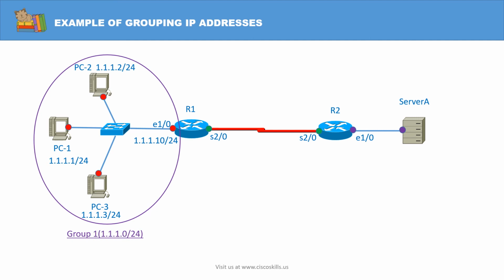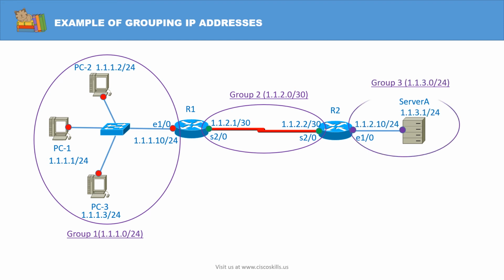The IP addresses of the interface S20 of router 1 and router 2 in group 2. The IP addresses of the interface E10 of router 2 and server A in group 3.